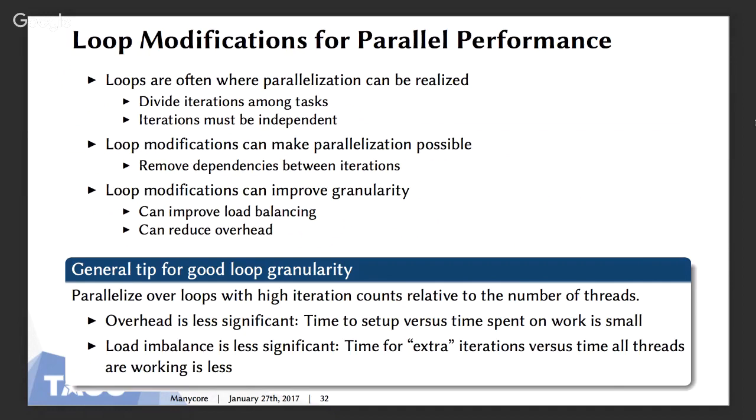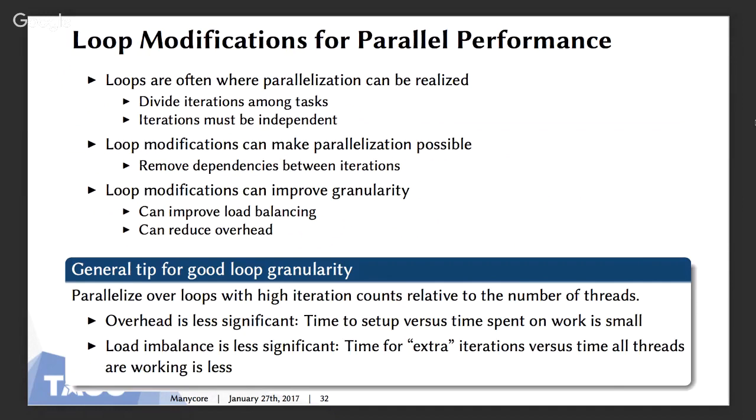You need each iteration to be independent. They can't depend on each other because they're not being performed in any predictable order. Now you can remove these dependencies through different loop modifications. And as I mentioned before, you can improve your granularity or your load balancing and reduce your overhead through some of these modifications.